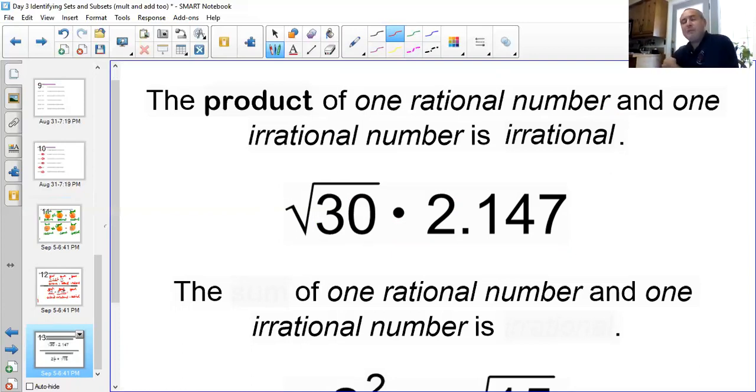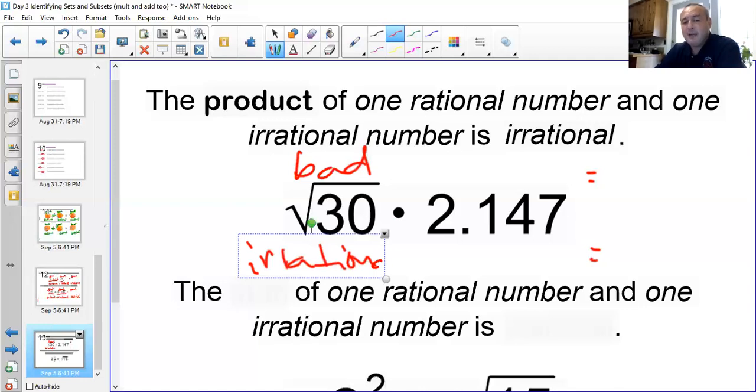The thing here is you have to be able to figure out which one's your irrational number. So going from left to right, because it's the way we read, I would say, just look at it. Square root of 30. Is this a perfect square? No. If you're not confident in that, put it in Desmos or a calculator, right? But this is definitely going to be your bad orange. So this is the irrational one. This decimal right here, 2.147, stops.